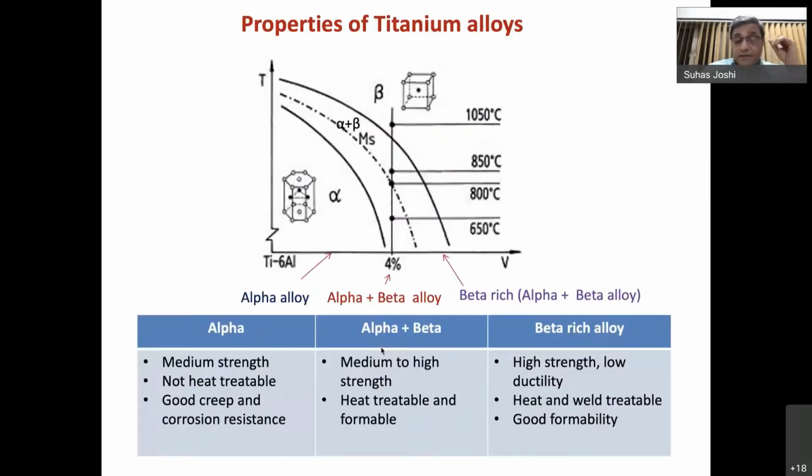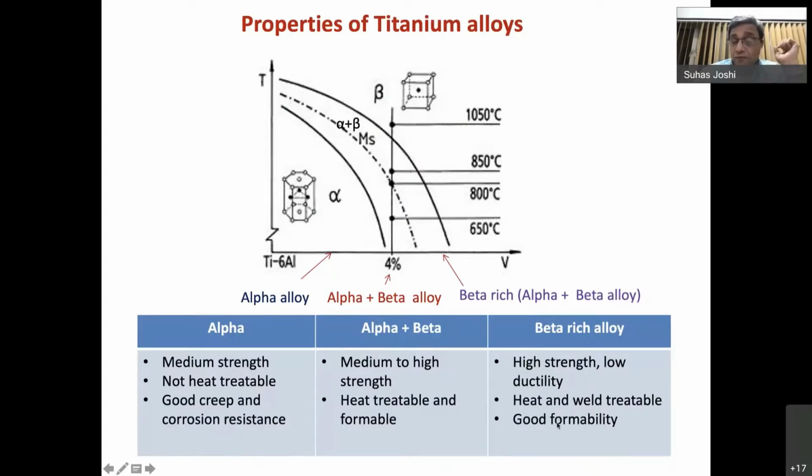They generally come in three different forms, rather I would say many different forms. The basic form is alpha alloy, which is an HCP structure, and then beta is a BCC structure. As you go from alpha to alpha plus beta and beta rich alloys, you go from medium strength to medium to high strength and low ductility.